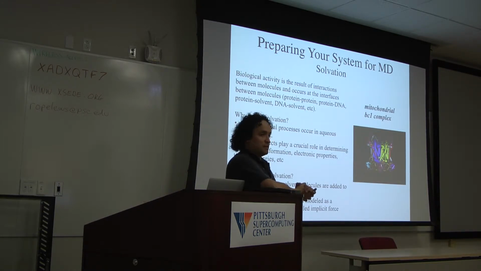What is the density of water that was in the simulation box you were doing yesterday? Did anyone check? Actually, the density of that simulation box is a little bit lower than what it should be.